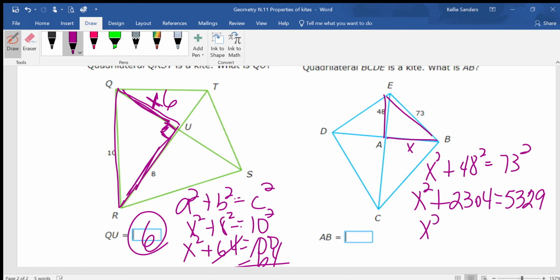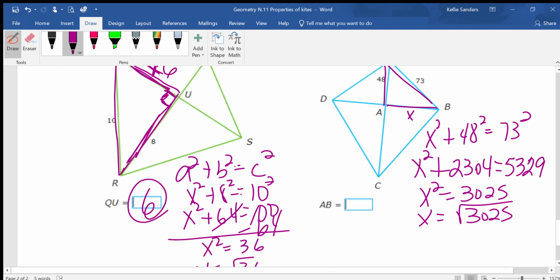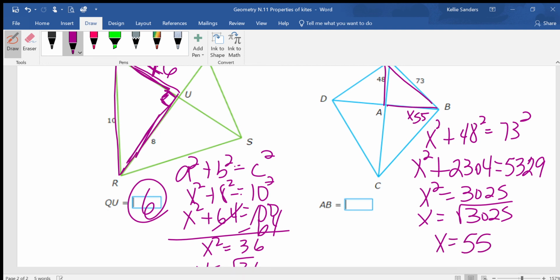We're going to subtract and get 3025. We're going to take the square root of 3025 and get 55. So AB is 55, and that is what we're looking for.